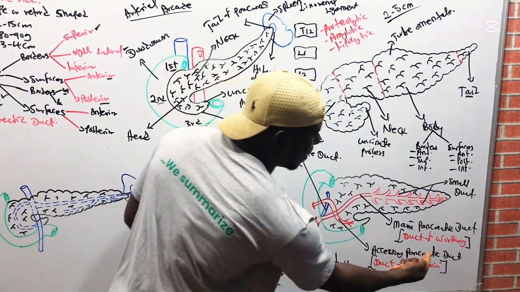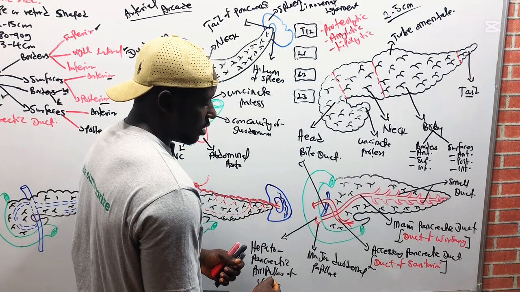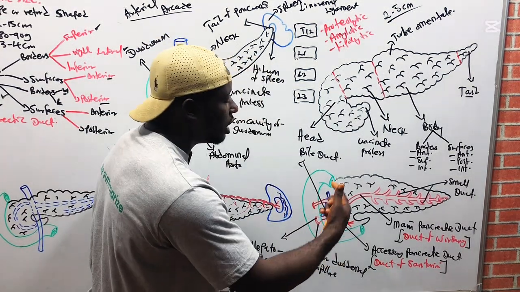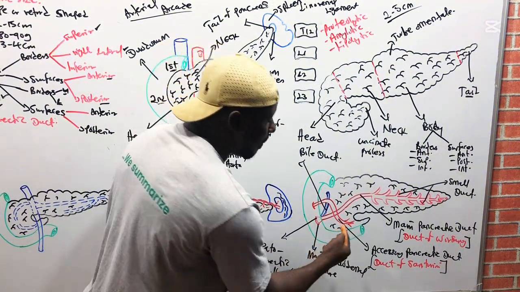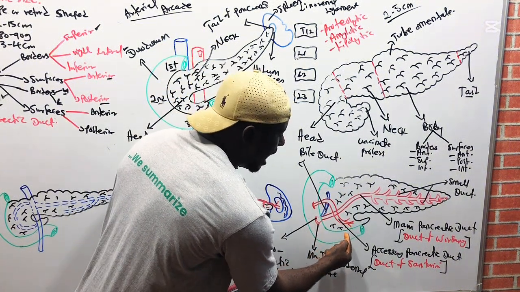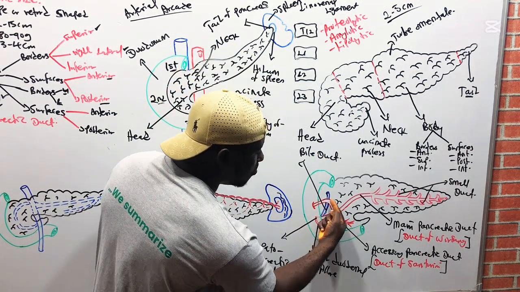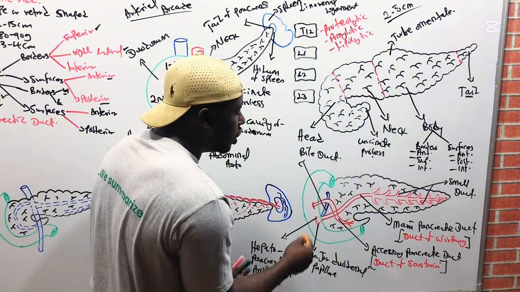Now, the accessory pancreatic duct, which can be called the duct of Wirsung, how does it work? It begins from the lower part of the head of the pancreas, where it ascends up medially and crosses the main pancreatic duct to open into the what?